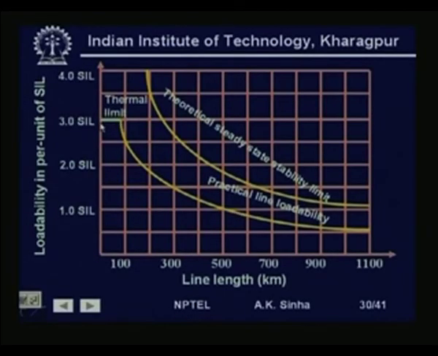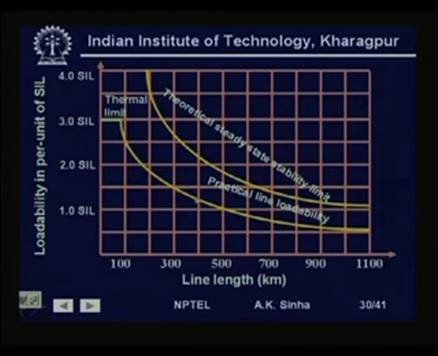And here we see that for short lines, that is lines up to 80 kilometers or so, it is the thermal limit which is the limiting factor for the transmission line loadability, and this can be as high as 3 times SIL. But as we go beyond this 80 kilometer length, then the line loadability keeps on decreasing with the practical line characteristics with delta around 30 degrees.